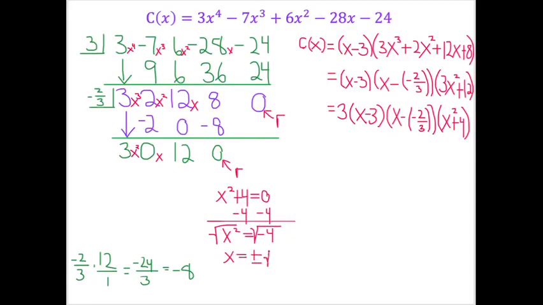We can split that into the square root of 4 times the square root of negative 1. And we mentioned previously in the video that the square root of negative 1 is i. So this equals plus minus, square root of 4 is 2, square root of negative 1 is i. So those are the two zeros that you get from that.